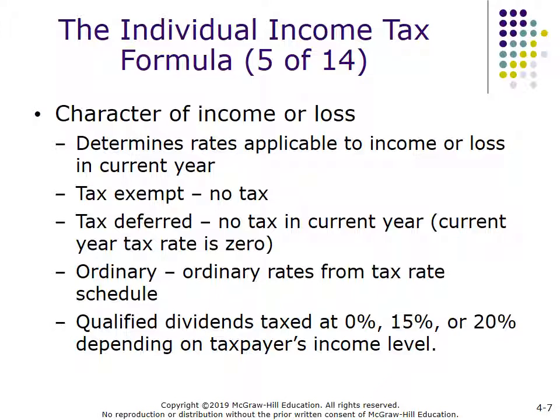Certain gains and losses, called capital gains and losses, we'll talk about in a second, are taxed at special rates, as well as these things called qualified dividends. We have a chapter on this type of information, not only dividends, but interest. And we're going to be talking about what makes an item a qualified dividend. And it's basically a dividend a shareholder receives from a United States corporation. Those dividends aren't taxed at your normal tax rates. They're taxed at lower rates.